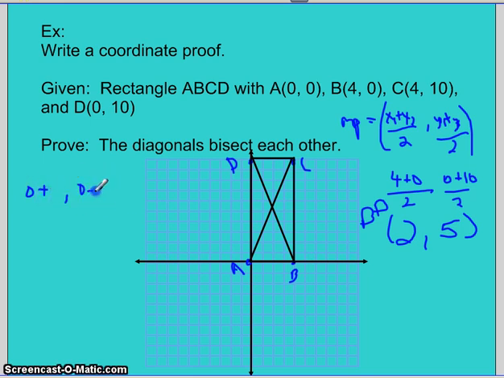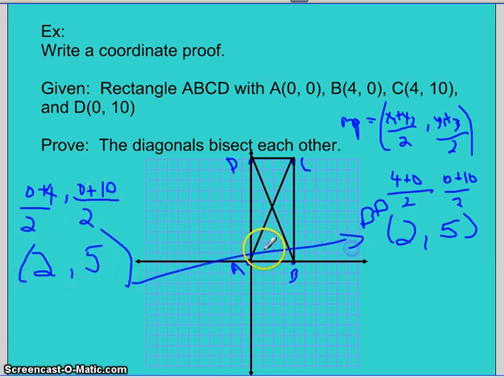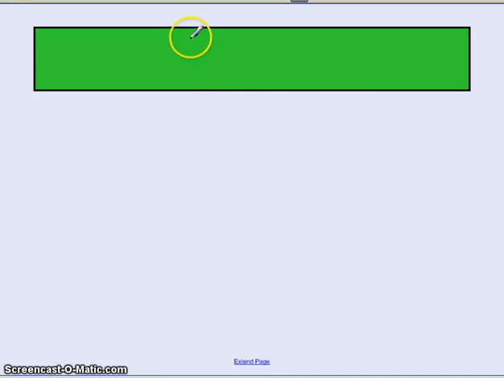I've got the formula set up on both sides, so I can look at my C, where X is 4 and Y is 10. So 4 divided by 2 again is 2, and 10 divided by 2 is 5. Notice that the midpoints are the same, so those two are going to bisect each other. Very good. Let's move on.